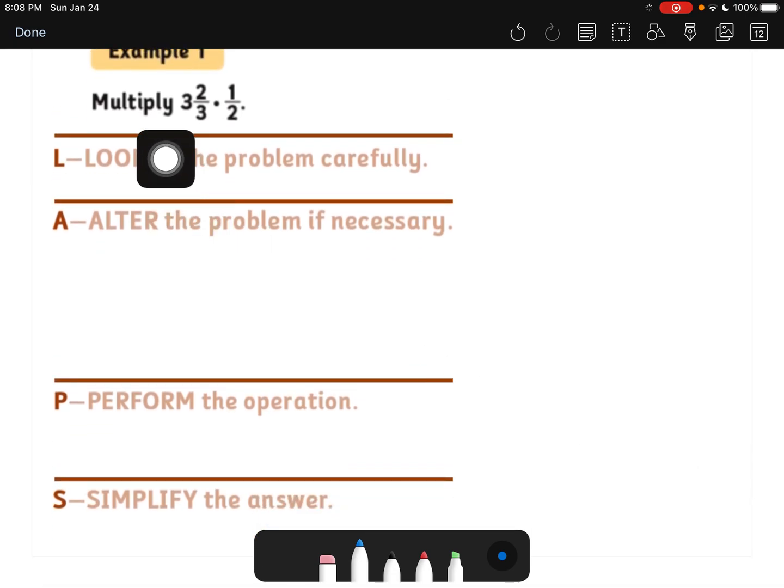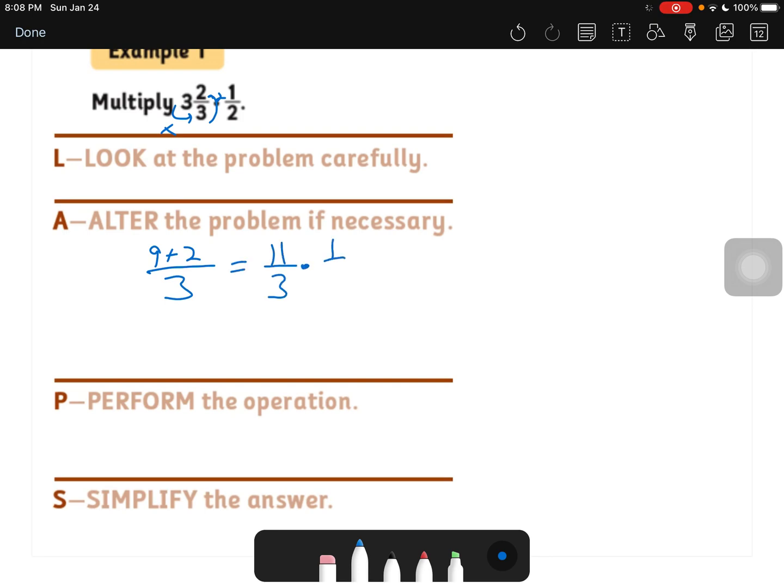Okay, so in order to multiply mixed numbers, what we have to do first is change them to improper fractions, okay? So we're going to go 3 times 3, right here, 3 times 3, and then we're going to add 2, okay? So that's going to be 9 plus 2 over 3, so that will be 11 thirds, and then we're multiplying that by 1/2, so then we can multiply across. 11 times 1 is 11, 3 times 2 is 6.